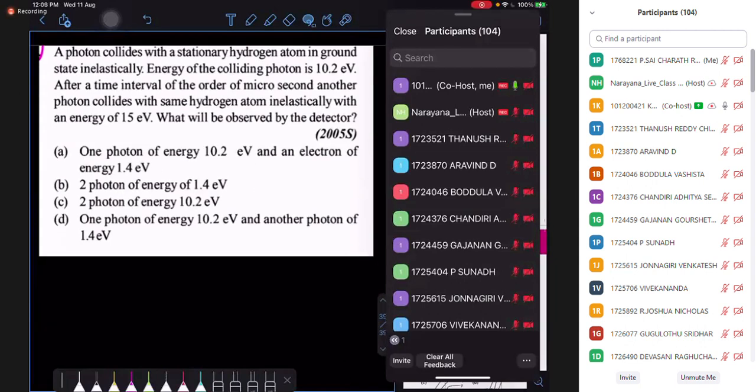In chemistry, when we talk about excitation, they take many atoms. They don't take a single atom. Chemistry mostly talks about multiple atoms, not a single atom. And this question is about a single atom. So if you try to give the answer from the chemistry point of view, it may contradict your perceptions. So think of it from Bohr's point of view. Okay? Single atoms.